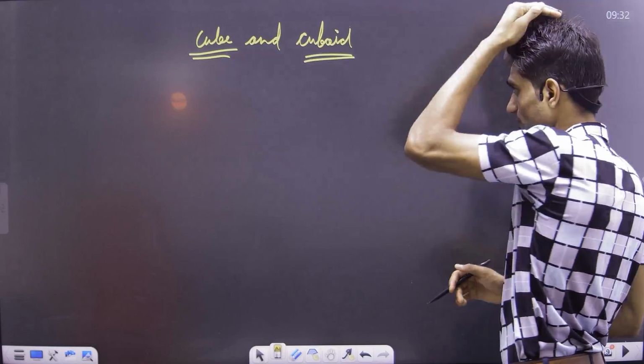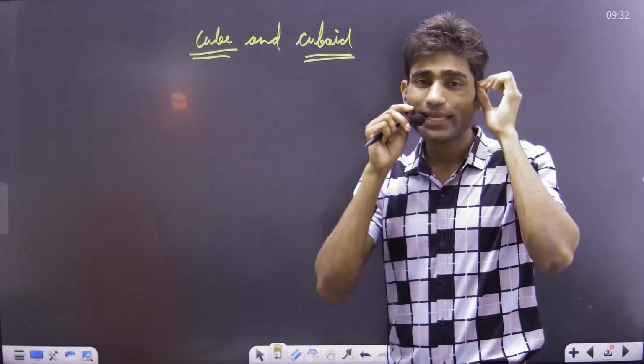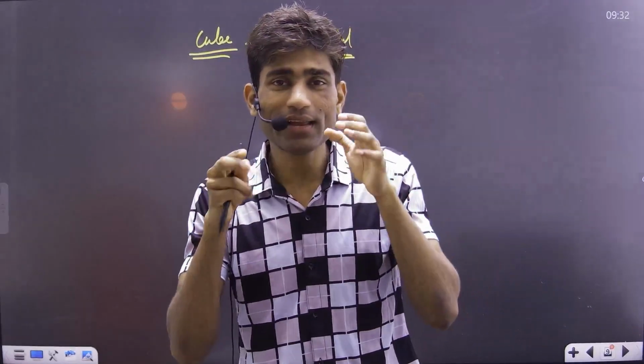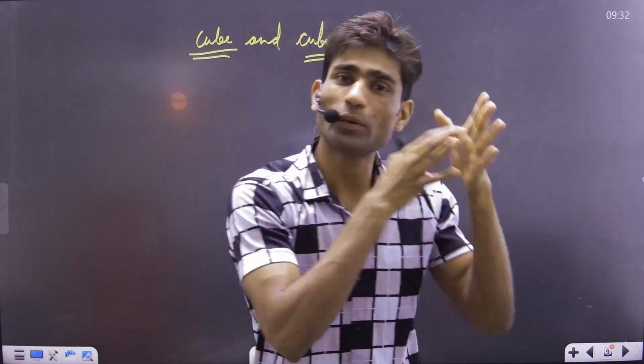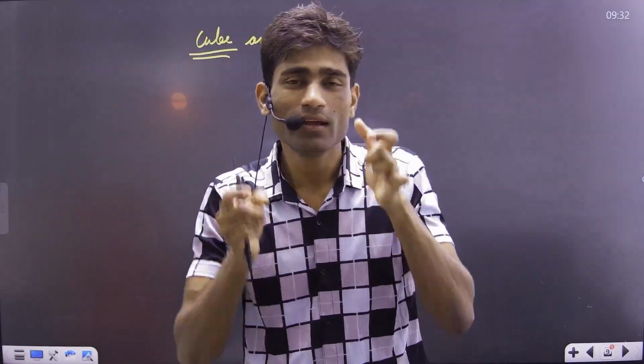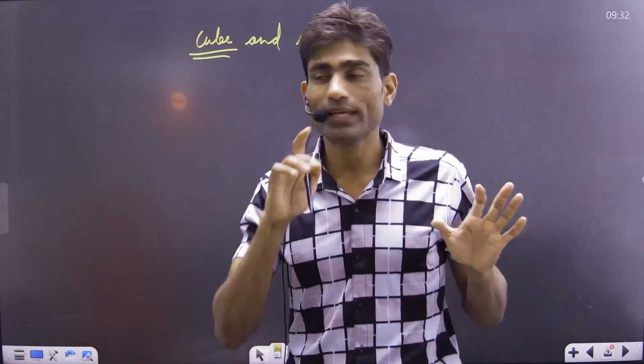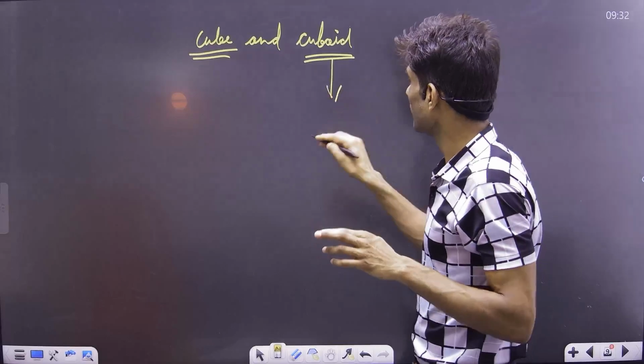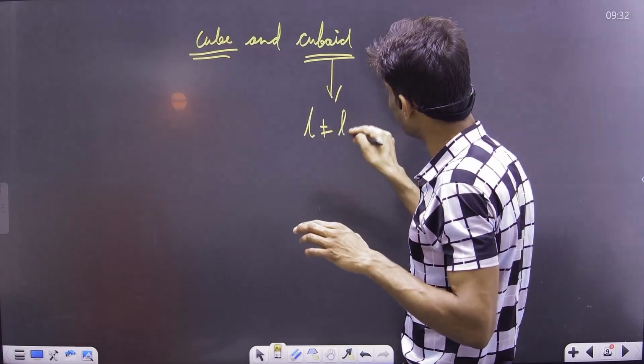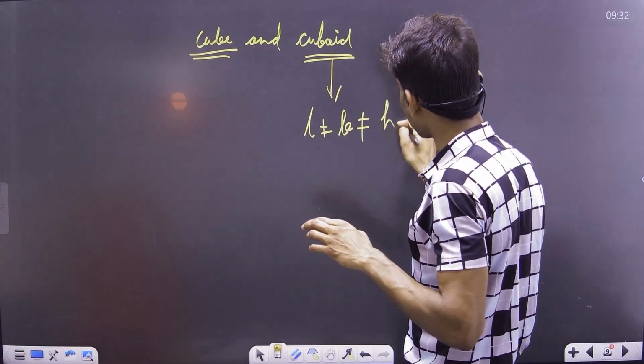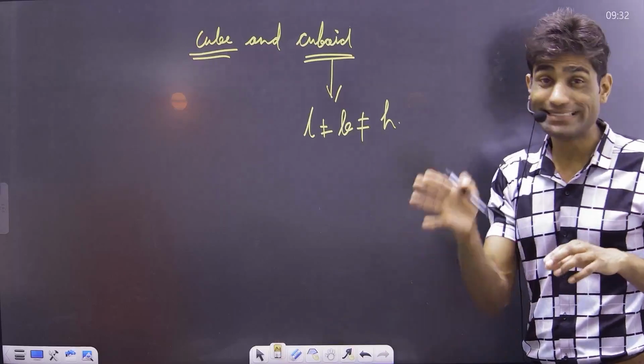In the case of a cuboid, length is not equal to breadth, which is not equal to height. What I said, in the case of a cuboid, length is not equal to breadth, not equal to height, then we consider it as the cuboid.